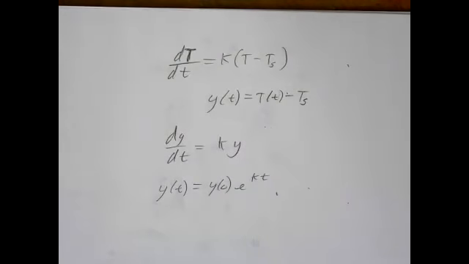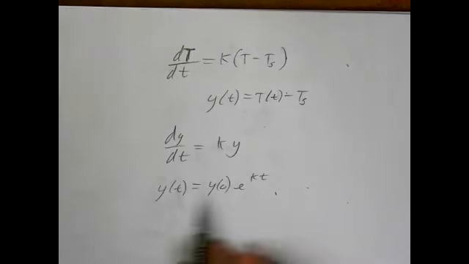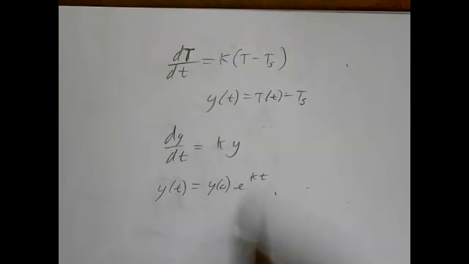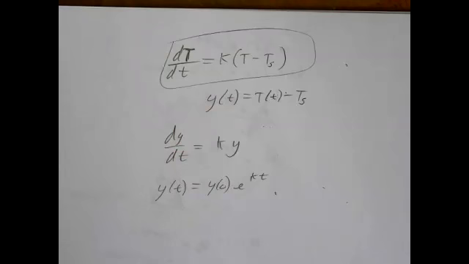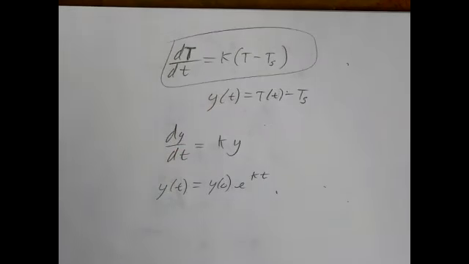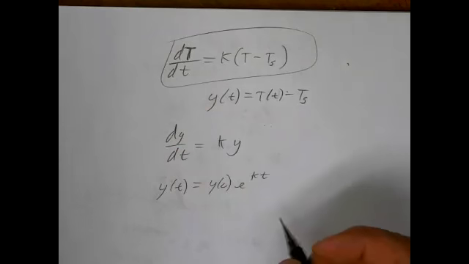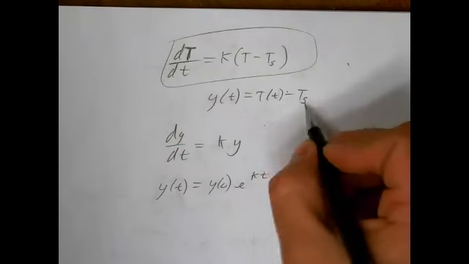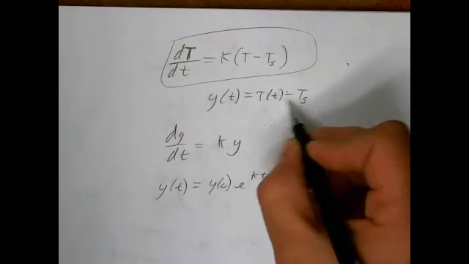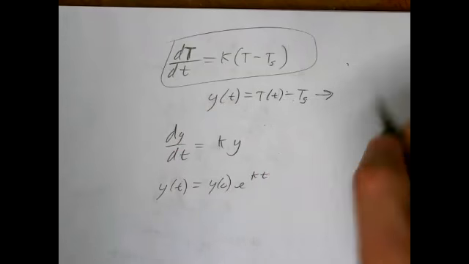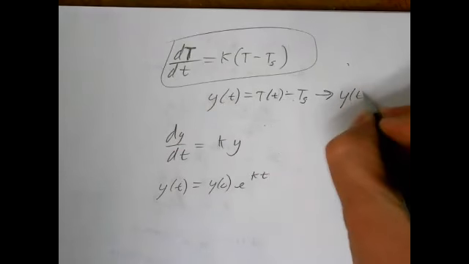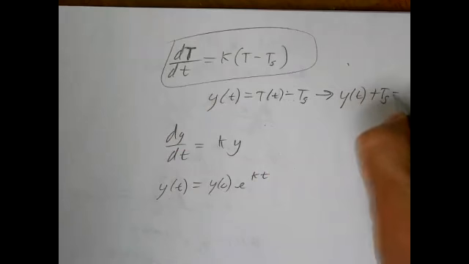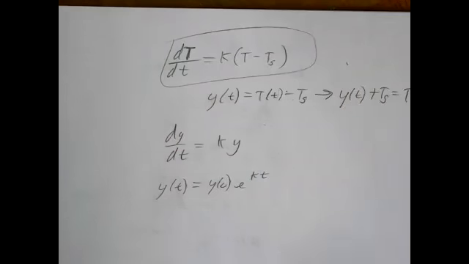But since the function we originally wanted was temperature, if y is the temperature minus temperature of surroundings, then if you just add the temperature of surroundings back, you get temperature at time t.